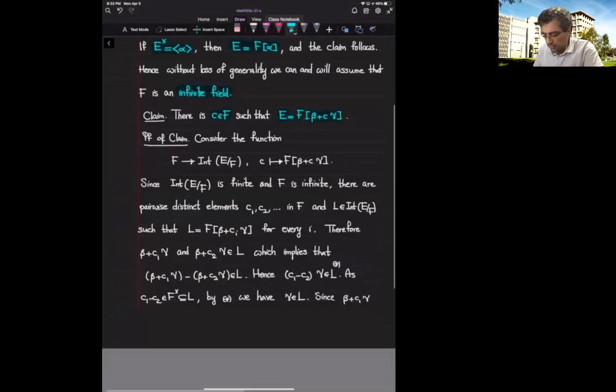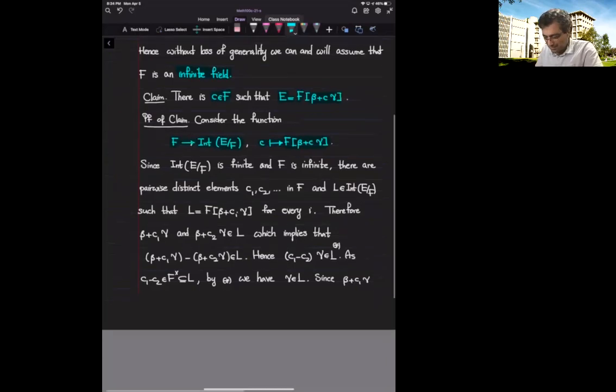I start with F. To every element c of F, I assign the field that I proposed up there, which is generated by beta plus c gamma and F. So this field would be an intermediate subfield of the field extension E over F. But remember, by assumption, the codomain of this function is a finite set.